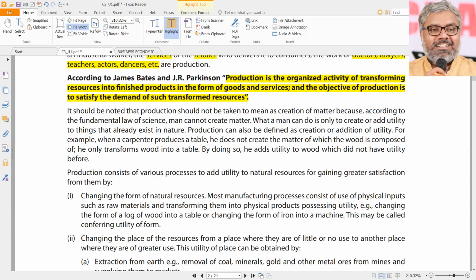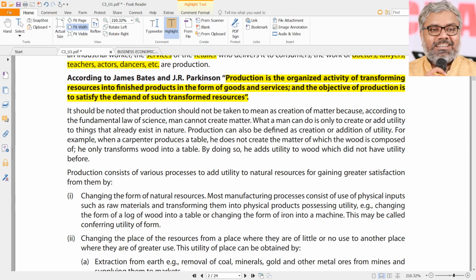After getting transformed, the same resources will become finished products. Sugar cane is a resource. Sugar is the finished product. Sugar cane automatically will not become sugar. A lot of process is there in between. That process is production. That process of converting the sugar cane into sugar is what we are talking about as production. But why is any sugar factory manufacturing sugar?